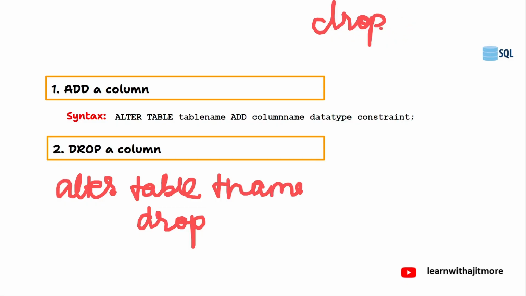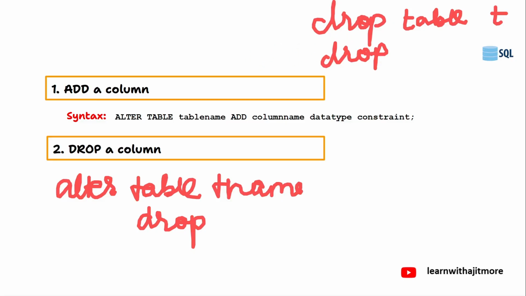If you are dropping a table, you have to write drop table, then the table name. If you are dropping a procedure or a trigger, then you have to write drop procedure name, drop trigger name. Therefore, drop is one general command, and it is used to drop different database objects.